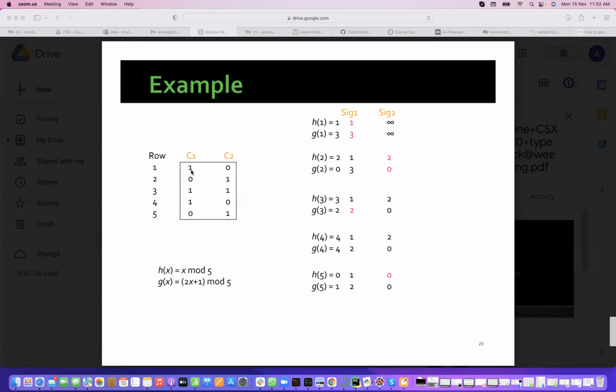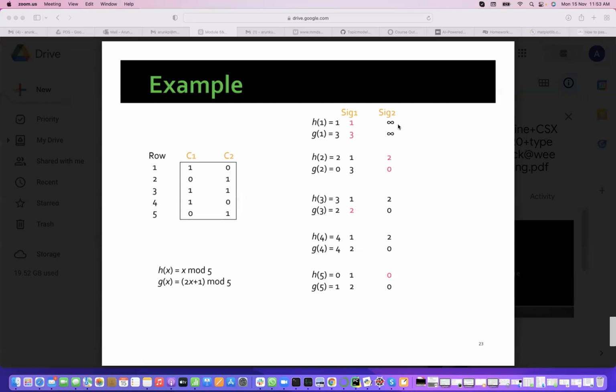In this row, for column 1, we have 1, right? Yes. So then you replace infinity with 1. Then does column 2 have 1 in row 1? No. So infinity will remain as infinity. Till now we haven't seen a row where we got 1.